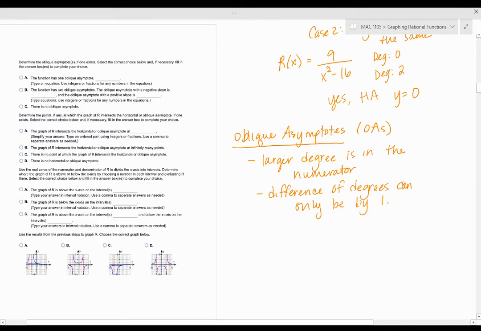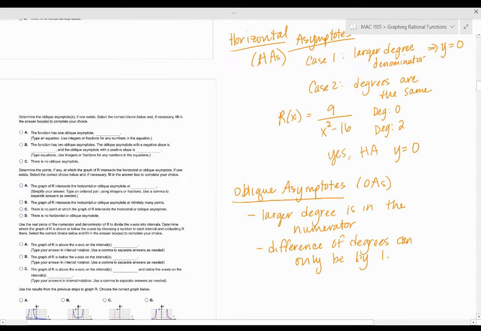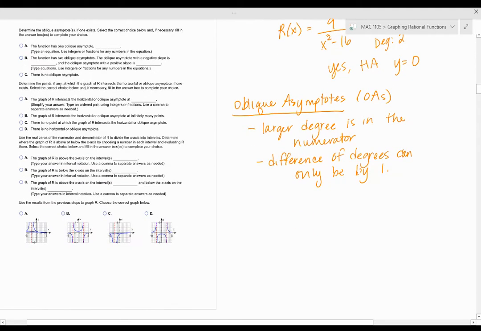So if we're looking at our problem, we automatically know right now we're not going to have an oblique asymptote, because we already had a horizontal. Remember in my previous videos, I told you guys no hose, which meant that you're not going to have an oblique and a horizontal on the same graph. You're either going to have one or the other or none at all. So for us, we have no oblique asymptote. So we can say no oblique.